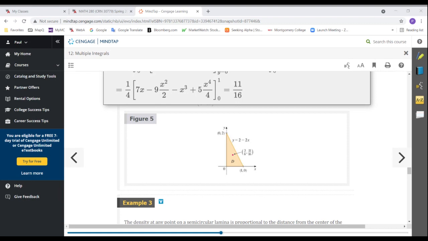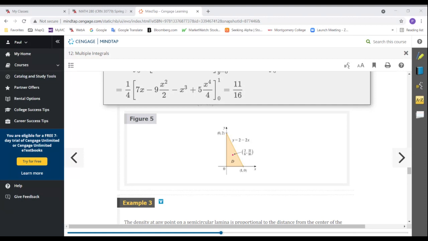Based on the figure, I'm trying to see intuitively. The density is increasing with x and y. Normally, if it were constant density, I would think the center of mass would be a little closer to the origin and down a little bit.